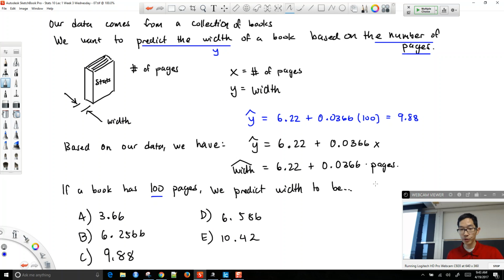So our predicted width is 9.88. It's very important that we use the word predict, because this does not mean that every single book that has 100 pages is exactly 9.88 millimeters. You can have several books that are all 100 pages but have different widths. We're just saying, based on our data, if a book has 100 pages, this is what we predict the width to be.